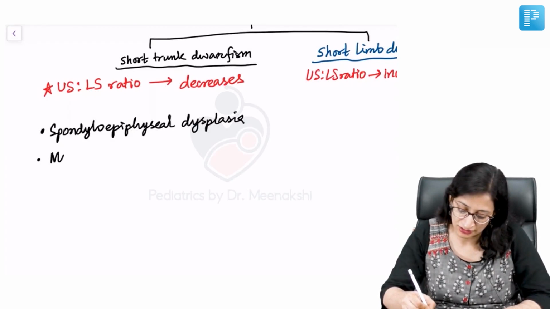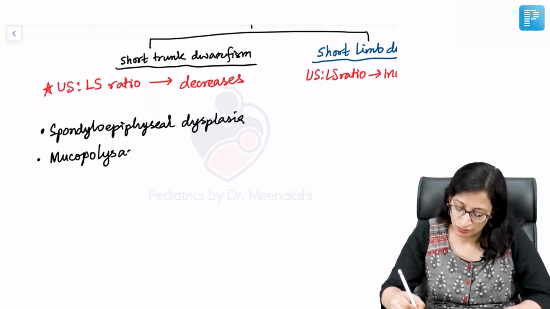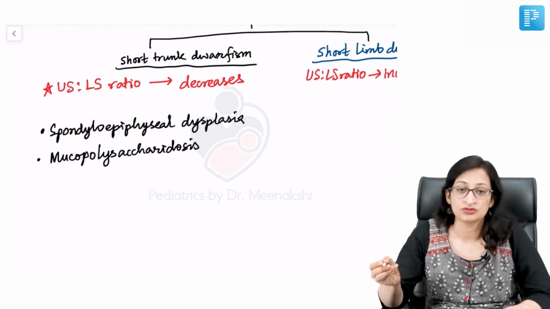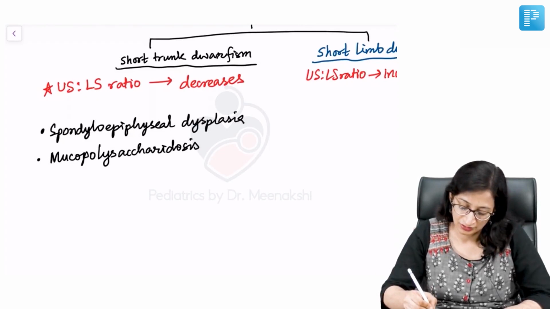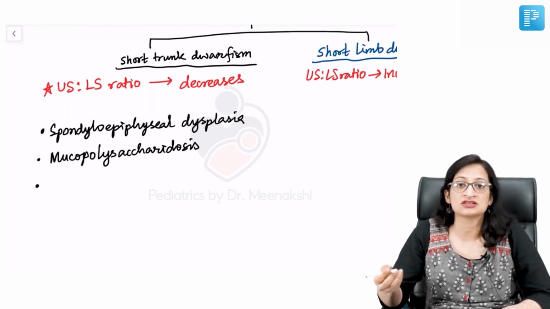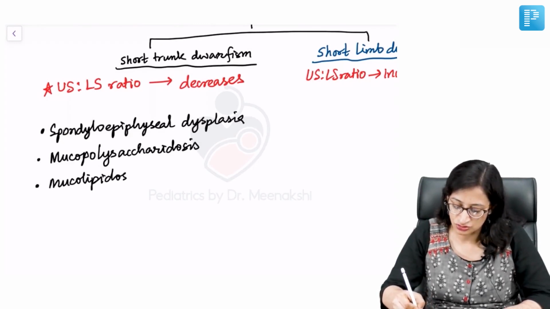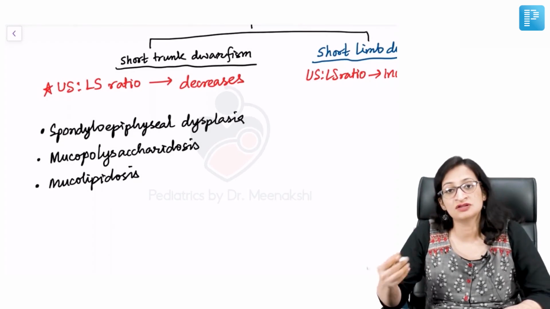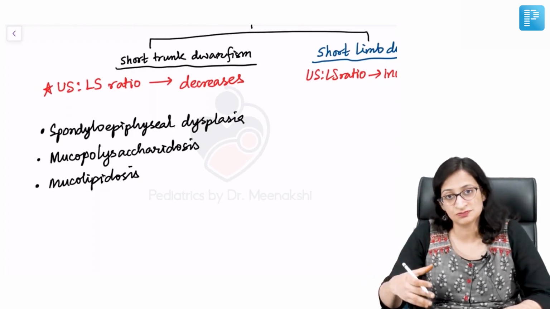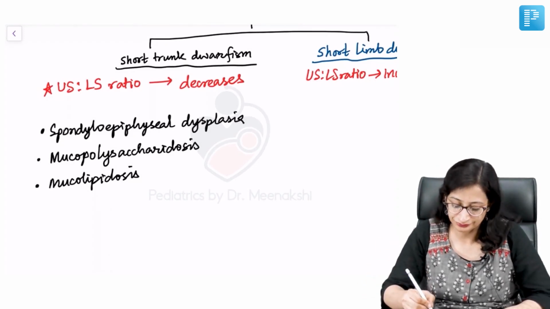Then there is a metabolic disorder called mucopolysaccharidosis. Okay. A similar condition as compared to mucopolysaccharidosis is mucolipidosis. That is also a lysosomal storage disorder where mainly you get bony changes in the spine. Okay.